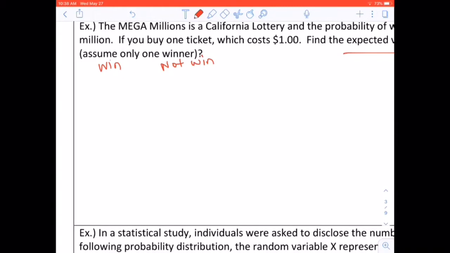And you win the $104 million jackpot prize. And so we're going to have an X and the probability, which we'll call P of X.